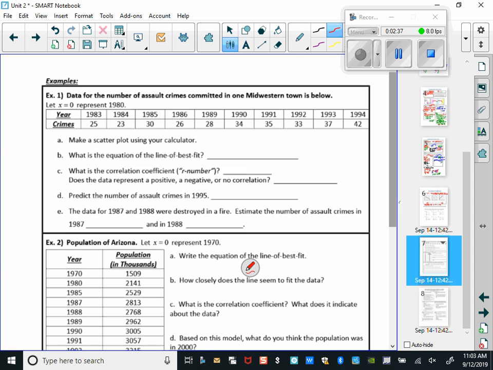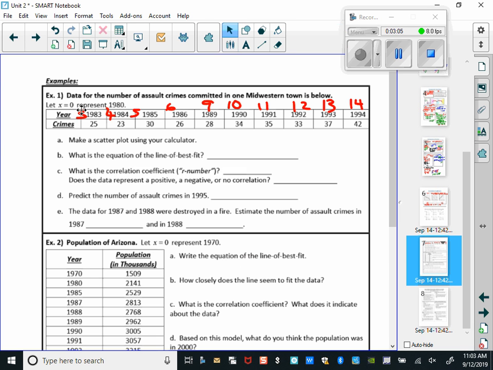One thing you always want to know when you're given data like this is to change your x values, because our years are x values. If 1980 is 0, what really is 1983? 3. Now this would be 4, 5, 6, 9, 10, 11, 12, 13, and 14.